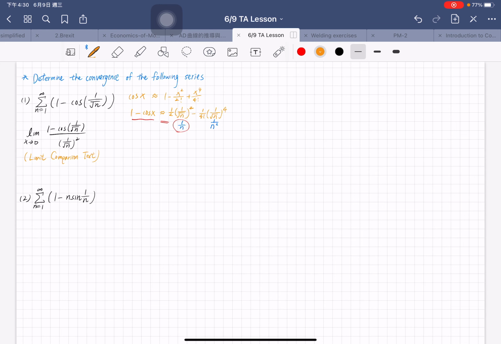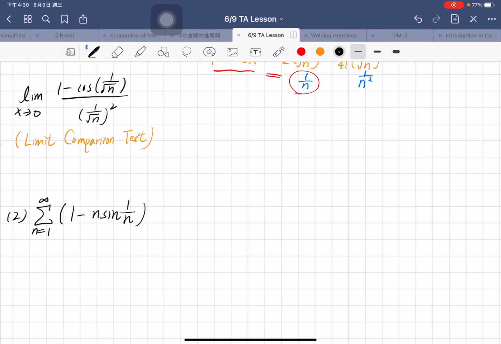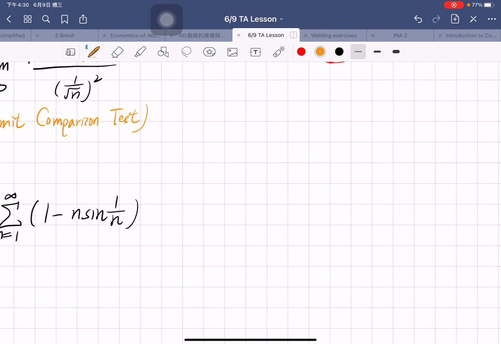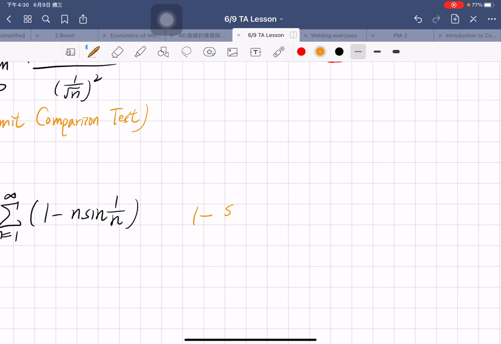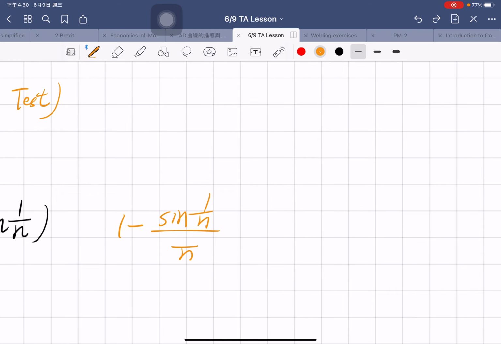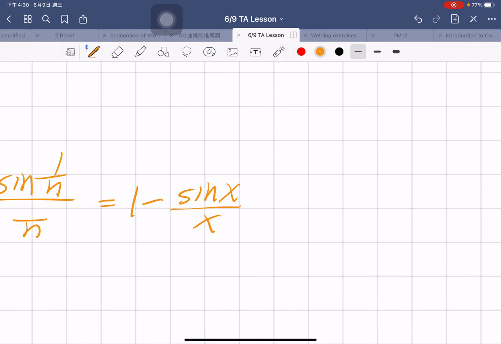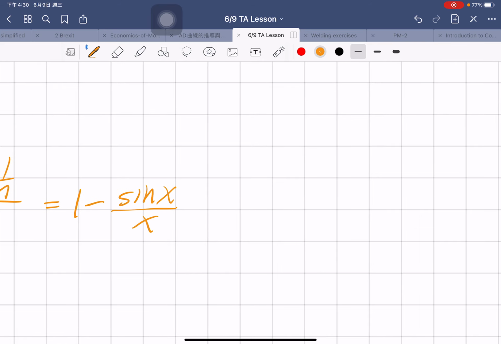Okay, so the next one, problem 2, will be similar. Now we know that we have this one. We change our n to 1 over n, and we change to x, sin x over x, because we want to know the limit of it.